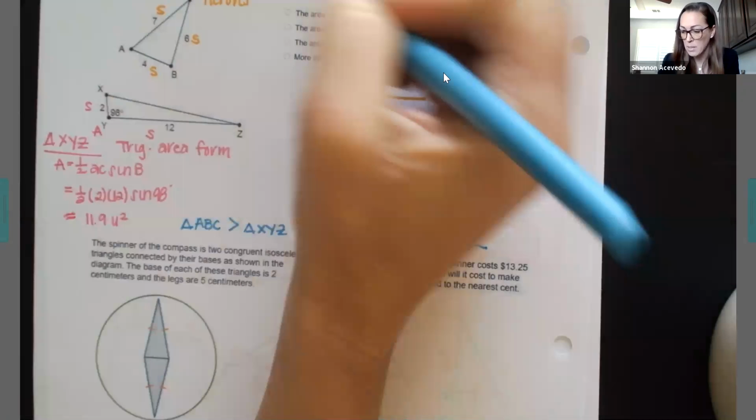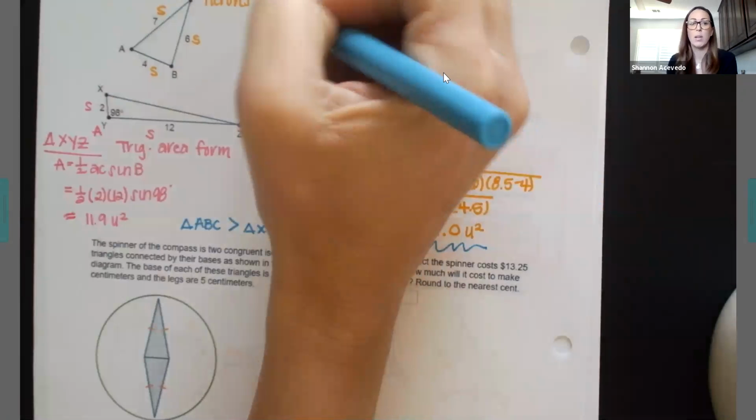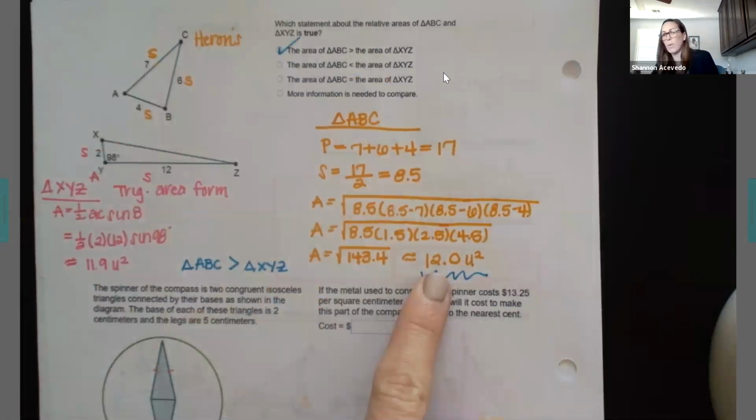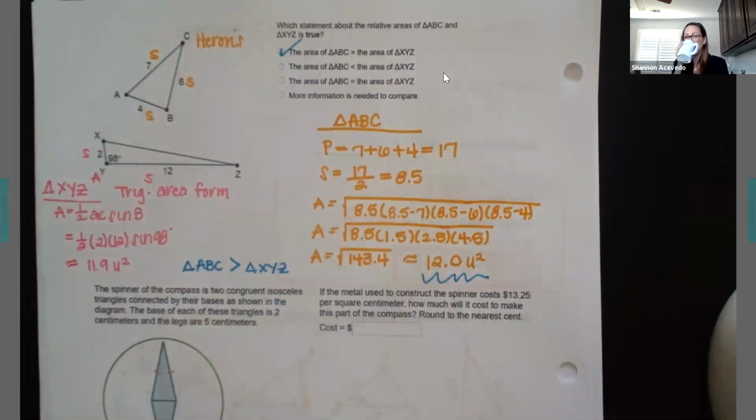And there's the answer right there. So be careful. If you rounded to the whole number there, you probably would get it wrong, because you would say that they're equal and they're not. This one is actually larger. So you shouldn't be rounding too much.